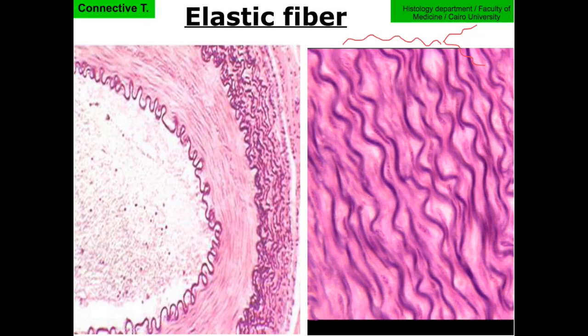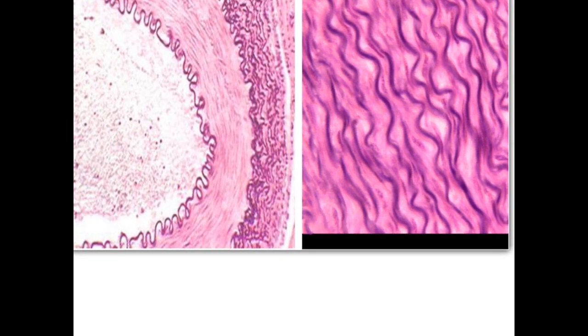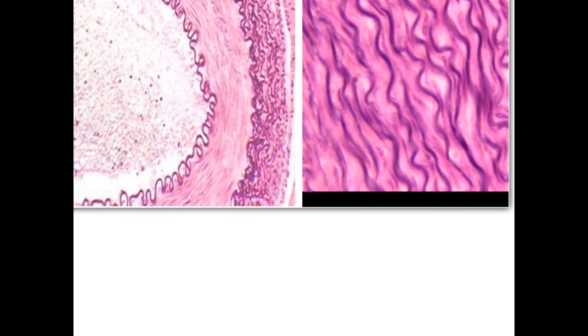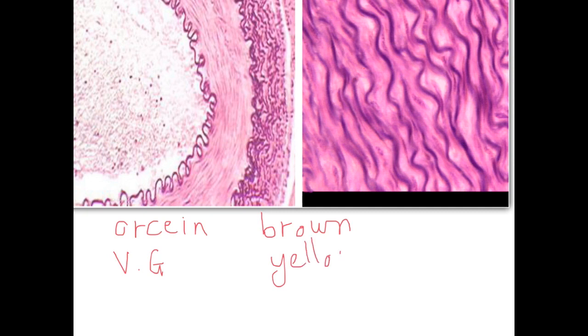Also, they have specific stains. It has two specific stains. We have here orcein that will give a brown color, and we have Van Gieson that will give a yellow color, which is the same color in the fresh state.